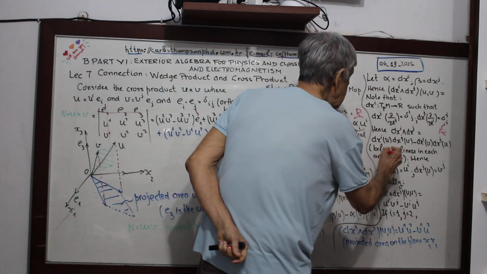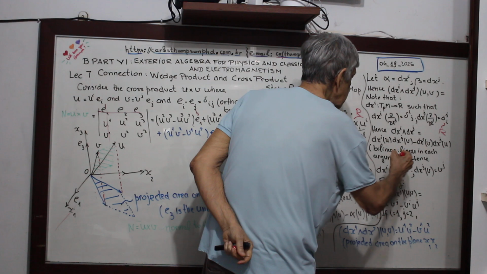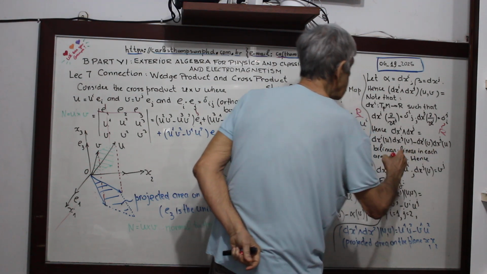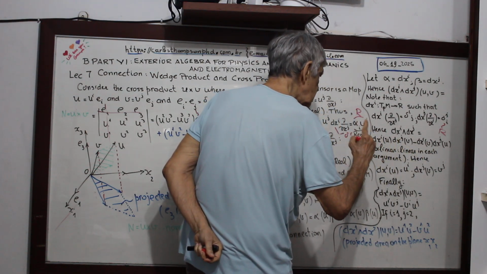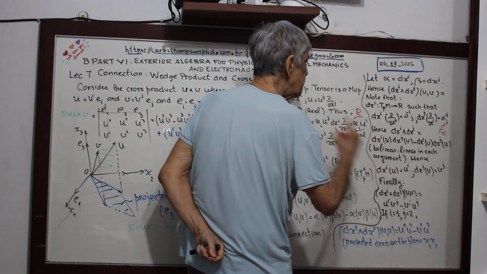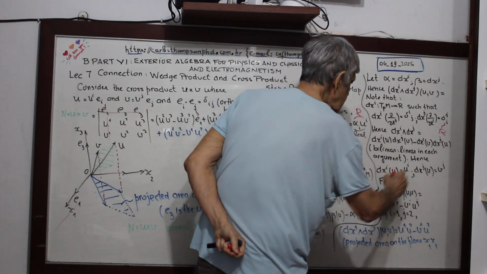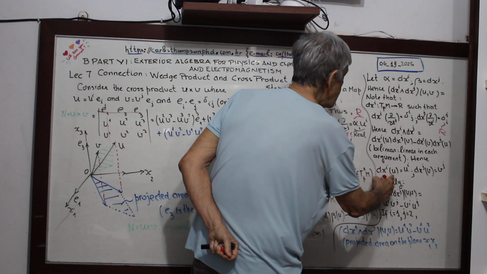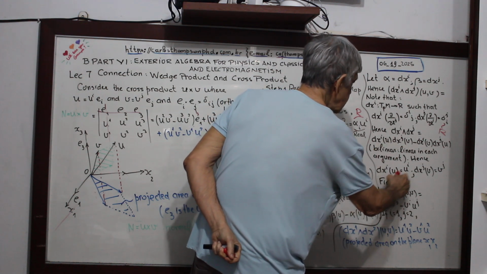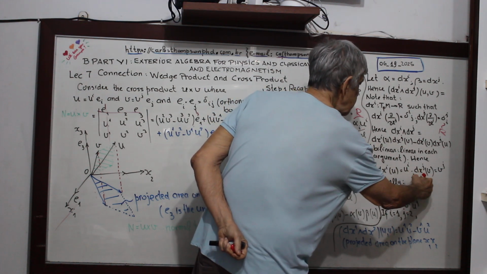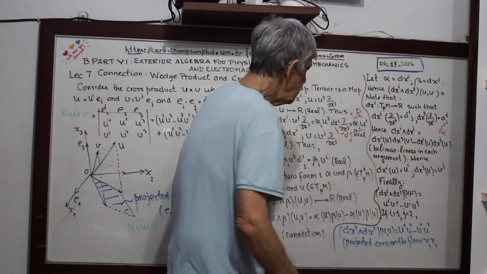So this is bilinear. Why bilinear? Because it's linear in each argument. Hence dx^i acting on U is U^i, and dx^j acting on V is V^j.